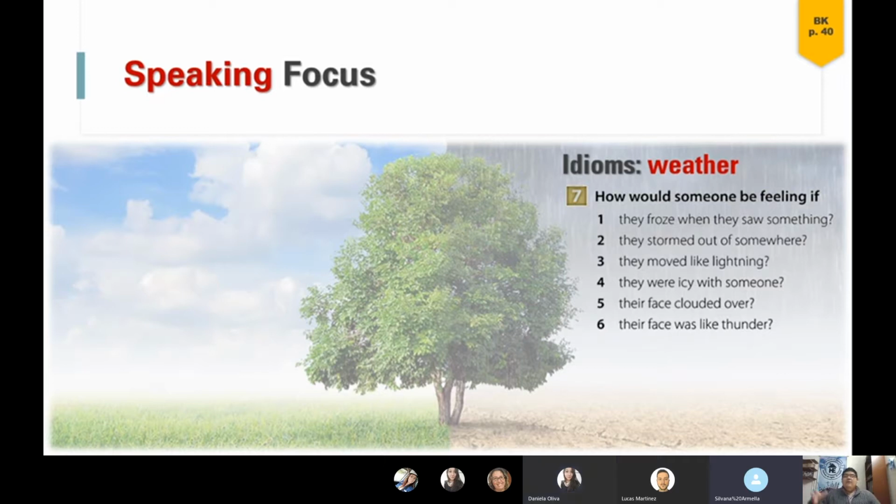Yes, good. And what about their face clouded over? We use this in Spanish too, and we have a calque in Spanish, an expression that is quite similar to the English version. When your mind is empty, when you're out of memory, when you can't remember something, that is to be clouded over, yes.